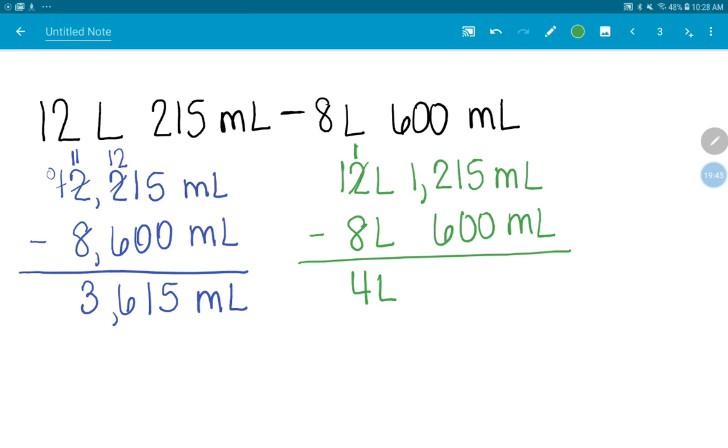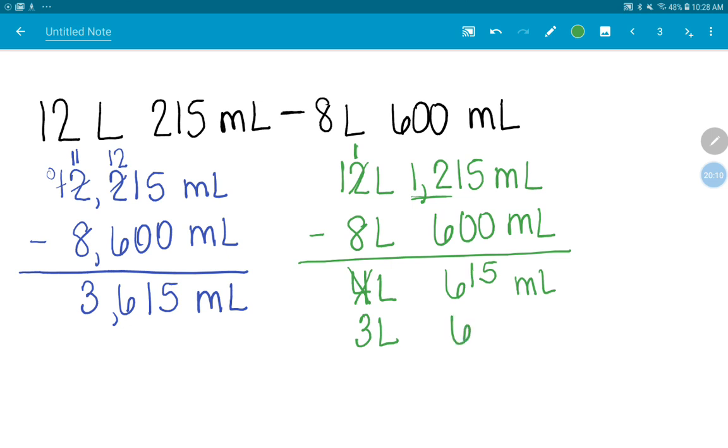All right. So then if we do that, if we do 11 minus 8, we don't have 4 liters anymore. We have 3 liters. If I subtract my milliliters, 5 minus 0 is 5. 1 minus 0 is 1. And I can't do 2 minus 6, but I can do 12 minus 6, which is 6.